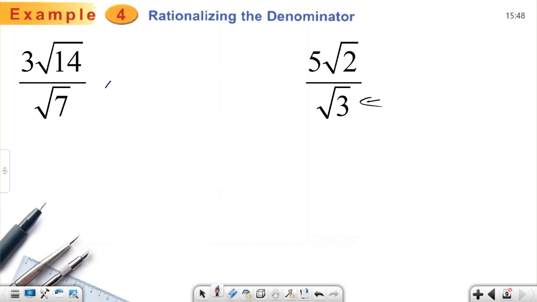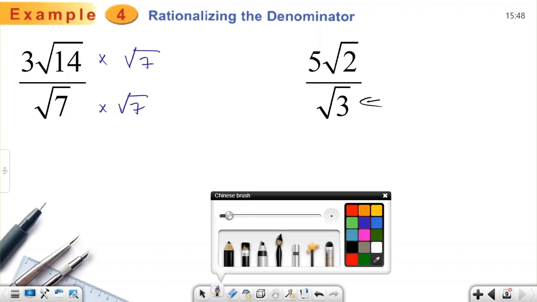How is it possible? You can multiply the denominator and numerator by the square root of 7. So square root of 7 multiplied by square root of 7 will be 7. Square root of 7 divided by square root of 7 is 1. Actually we are multiplying by 1.